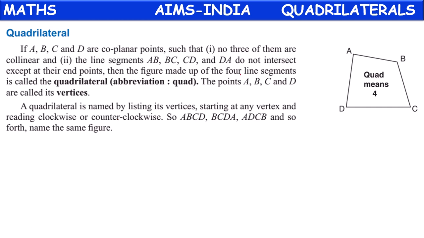Means we have A, B, C, D 4 points which are coplanar, lying in the same plane, and no 3 of them, you can check any 3, 1, 2, 3, they are not lying on the same line, so they are not collinear.